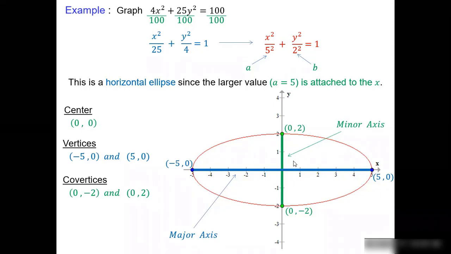Just like with a parabola, the vertex was the lowest point of the graph, or where the graph changed direction. Each of these are considered vertices as well, but we can see that the endpoints of the major axis, the longer axis, are referred to as our vertices, while the endpoints of our minor axis are technically vertices as well, but we refer to them as co-vertices because they're part of the smaller axis.